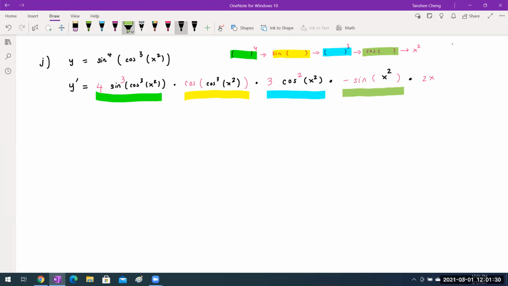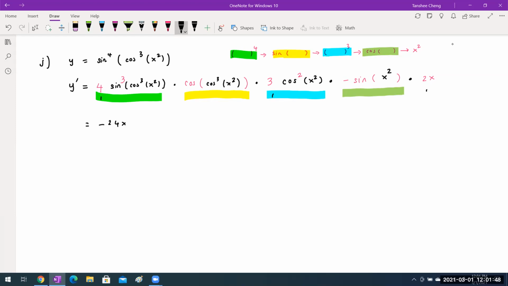And then finally, if you want to simplify, you can simplify, which is 4 times 3 times 2x and negative, right? So that will give me negative 12x. Oh no, 24x.